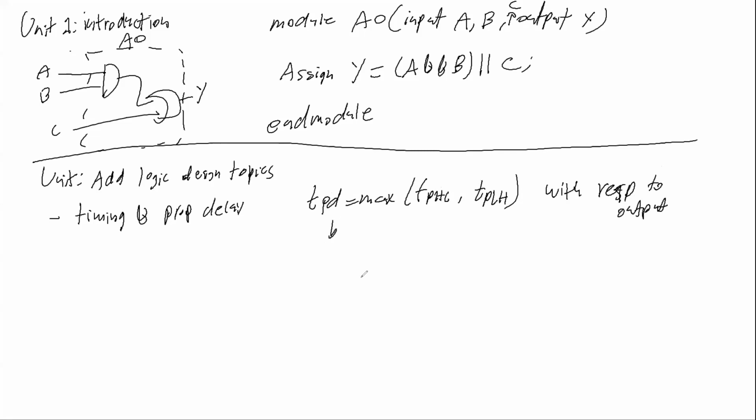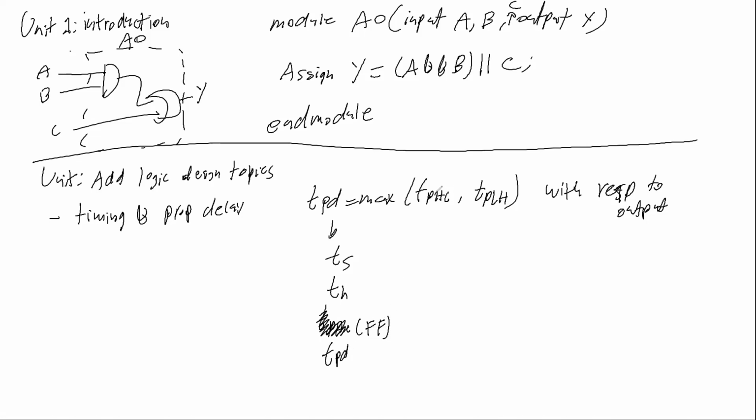And then we moved on to talking about the sequential circuits timing issues. We defined TS as the setup time, TH as the hold time, TPHL for the flip-flop, let's say TPD. The same rule applies for the TPD for the flip-flop.